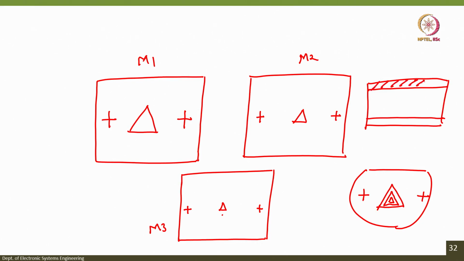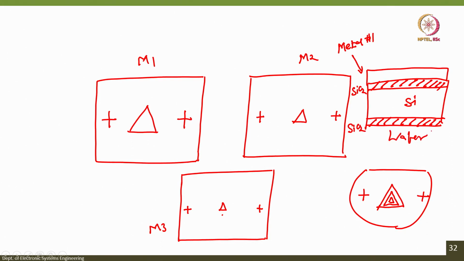So, this is your silicon dioxide and you have, let us say, one metal here, this is your metal 1, silicon, silicon dioxide. This is the wafer that we have.